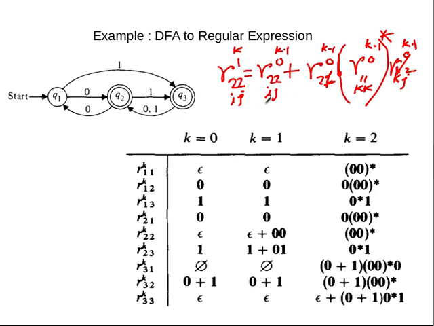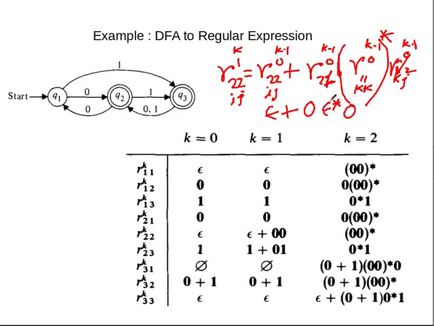So 2 to 0 is here, this is epsilon, right, plus 2 1 0 is what? 2 1 0 is 0, so this part is 0, and then this 1 1 0 is epsilon, so we have epsilon star, and then 1 2 0, which is again 0.